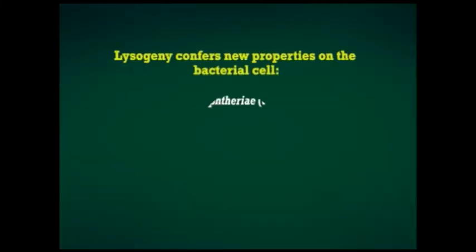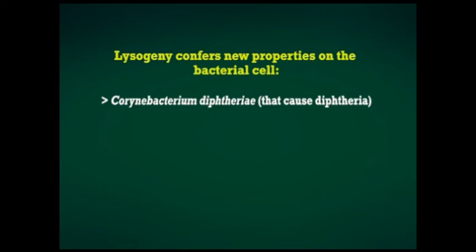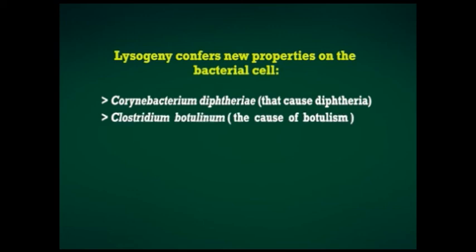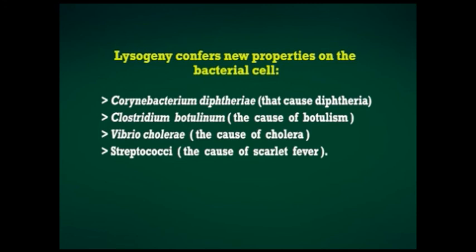For example, Corynebacterium diphtheriae, the bacterium that causes diphtheria, Clostridium botulinum, which causes botulism, Vibrio cholerae, which causes cholera, and Streptococci, responsible for the disease known as scarlet fever. Their virulence is in part due to the lysogenic bacteriophage that they harbor.